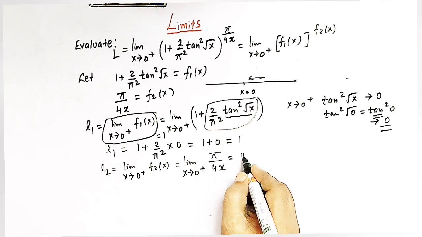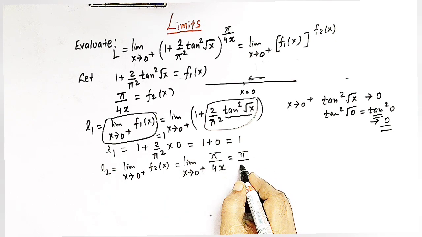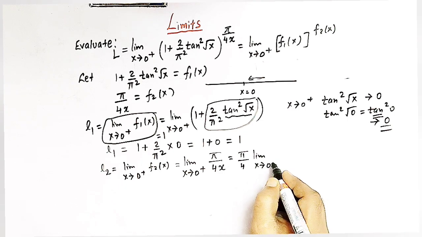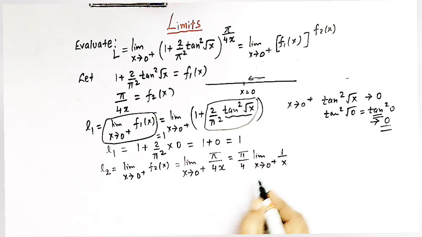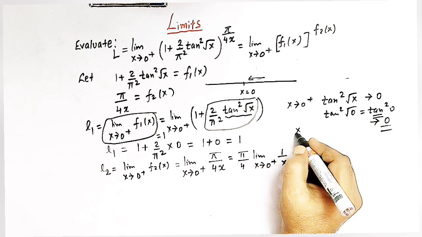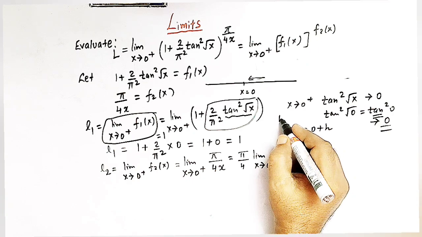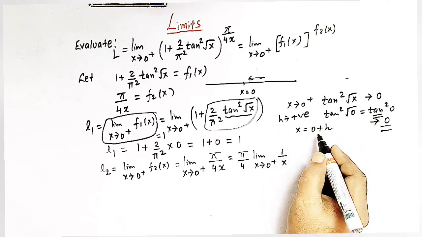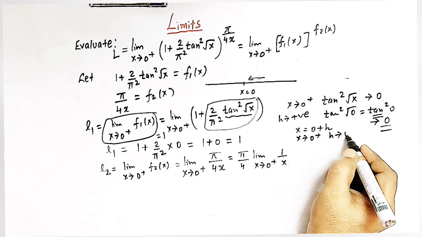So we can now write π/4 in front of the limit notation, and we have limit x tends to 0 positive of 1/x. So here if we take x equal to 0 plus h, where h is a positive quantity and h lies between 0 and 1, then when x tends to 0, h tends to 0.